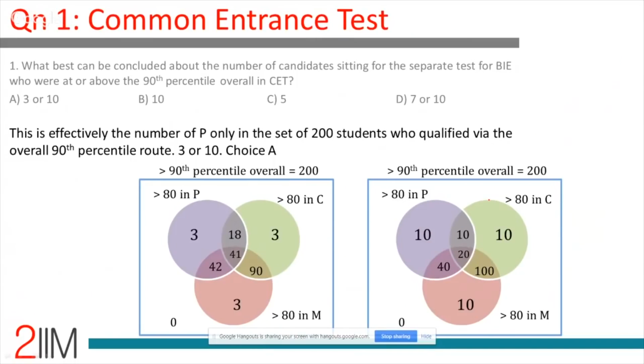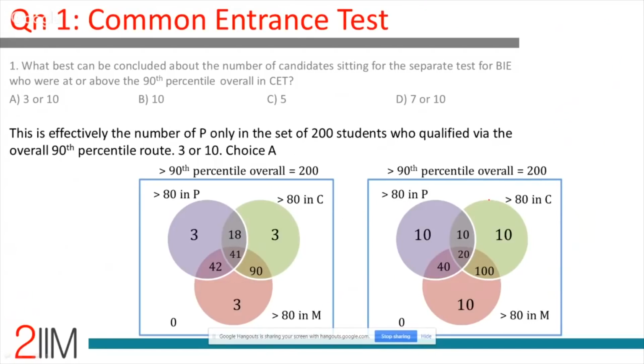What best can be concluded about the number of candidates sitting for the separate test for BIE who were at or above the 90th percentile overall in CET? In this category, the only guys who will write BIE are the ones who got above 80th percentile in P, but not in one more beyond P. If they got more than 80th percentile in two of the three, then they'll write AET.